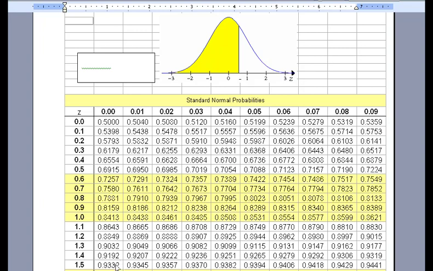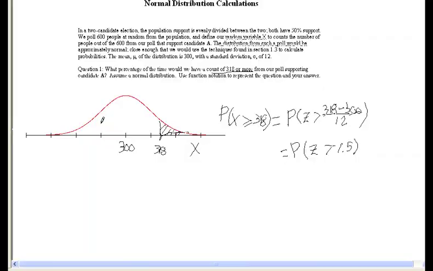But of course, that's not what we want. We want the area to the right of 1.5. But since this is a density curve, the entire area here is 1. So let's look at where we find this value right here, 0.9332 in our drawing. So 0.9332 is this area right here. Again, the area to the left of 318.